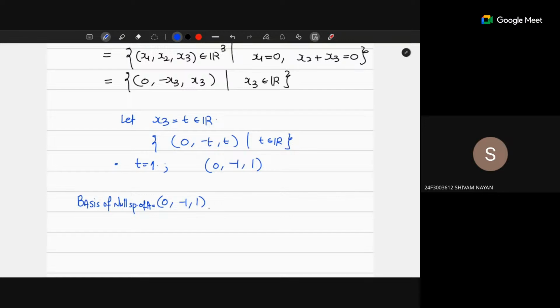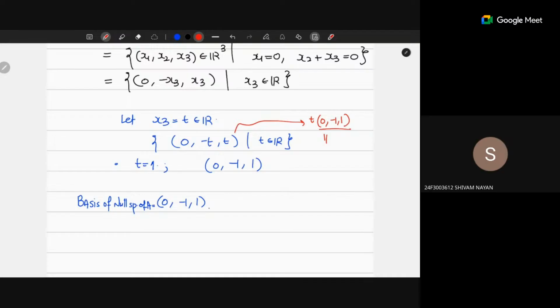There is another way to see that. If you are comfortable, I can show it to you: you can take t common. Since t is nothing but a scalar, you can take it out, and you get a vector over here. So this vector is the basis, which is what I get if I take t equal to 1.